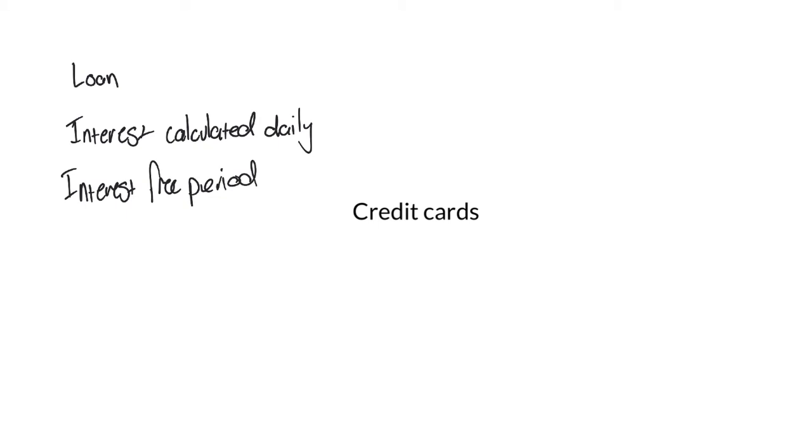Now, because credit cards calculate interest daily and they calculate it compounding, we're going to use our compound interest formula that we've used for everything else so far, which looks a little bit like this.